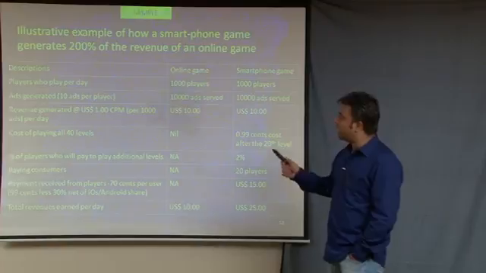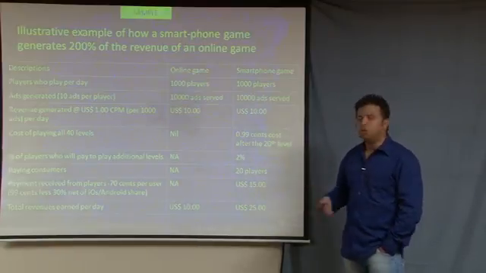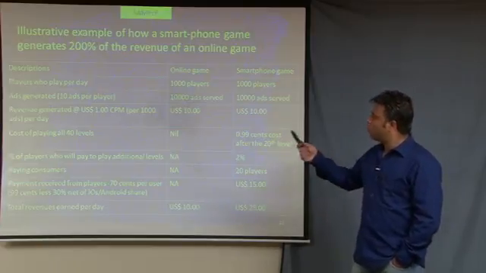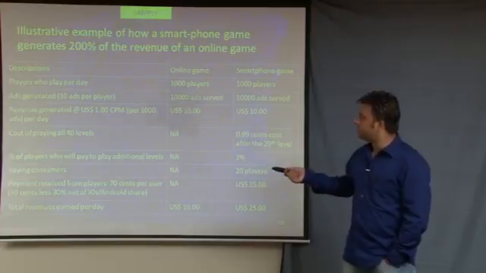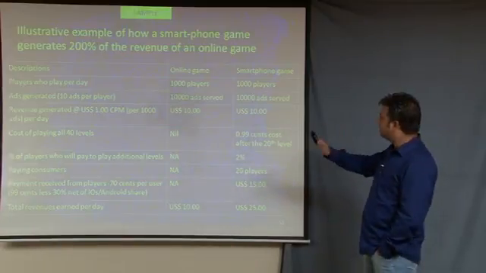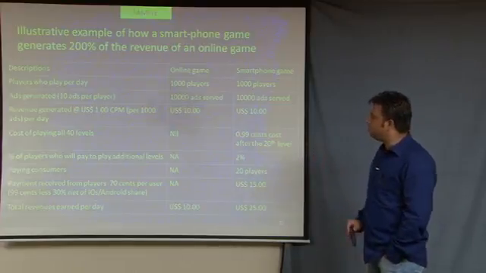Revenues are generated at $1 CPM, or cost per mile, which is used to measure advertising campaigns and revenues. So at $1 CPM per 1,000 ads, revenues would again be similar, $10 and $10, for the online as well as the smartphone game.